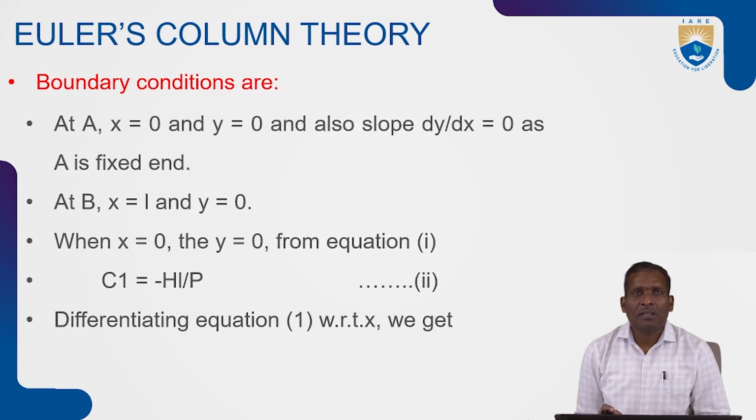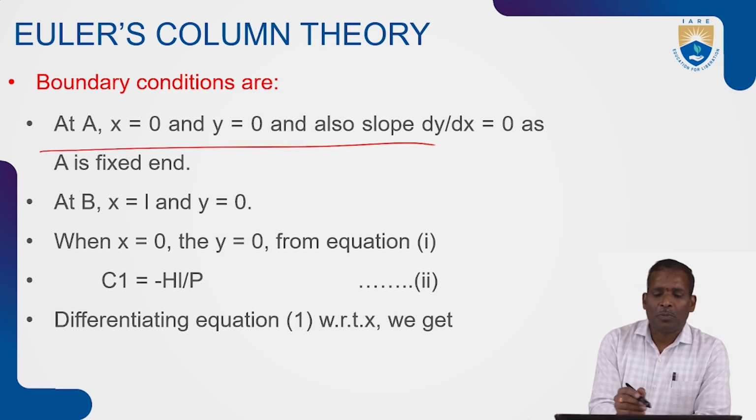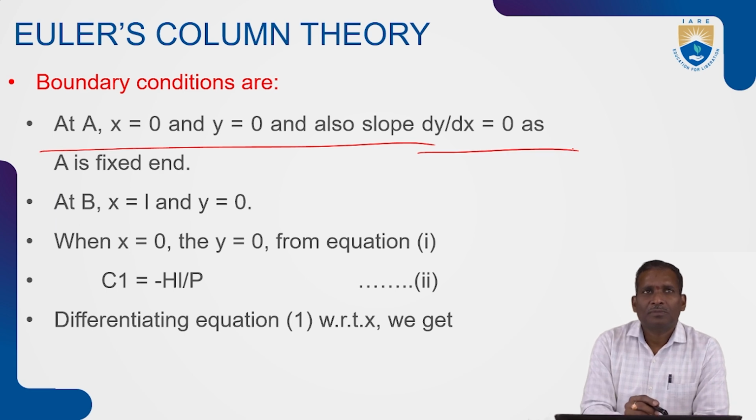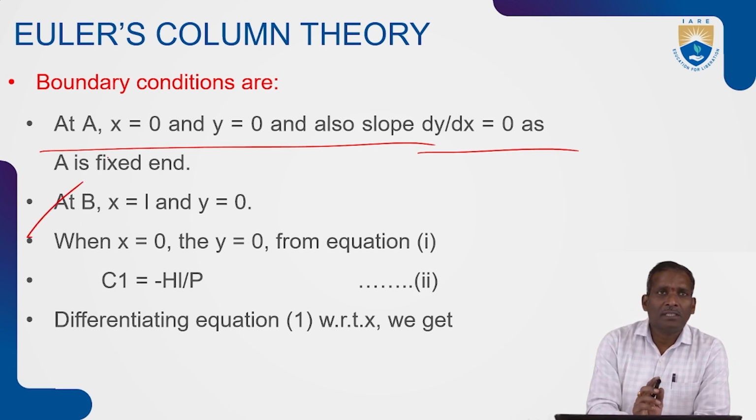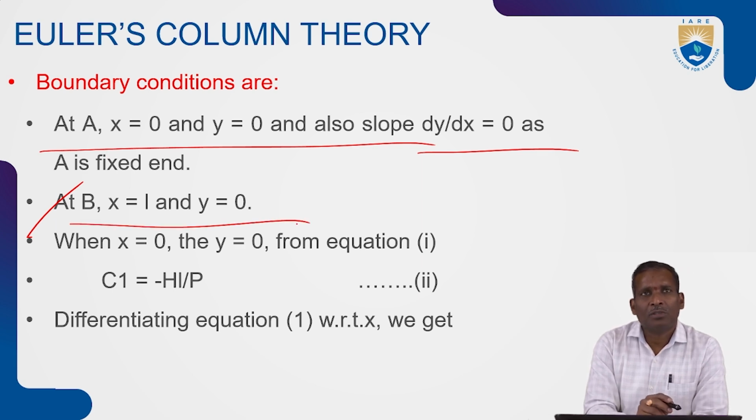First, the boundary conditions: at x equal to 0, y is equal to 0, as there is no deflection at a fixed end, and the slope is also 0 as A is a fixed end. At B, the hinged point, x is equal to L, there is no deflection, and y is equal to 0.